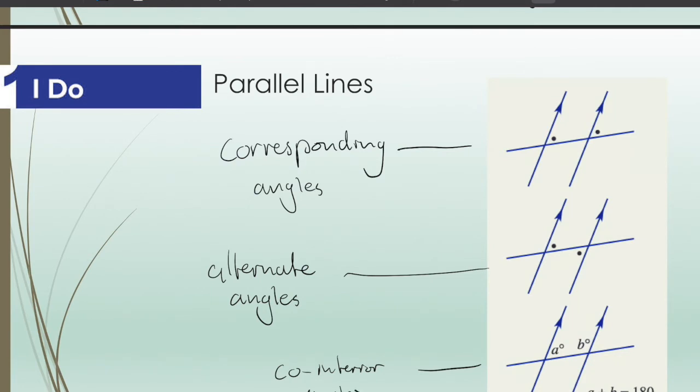Now, the difference here with these ones that is important is that these angles aren't equal, they add to 180. You have either these 2 here on the inside on top, and you also have these 2 here on the bottom. They're co-interior, they add to 180.